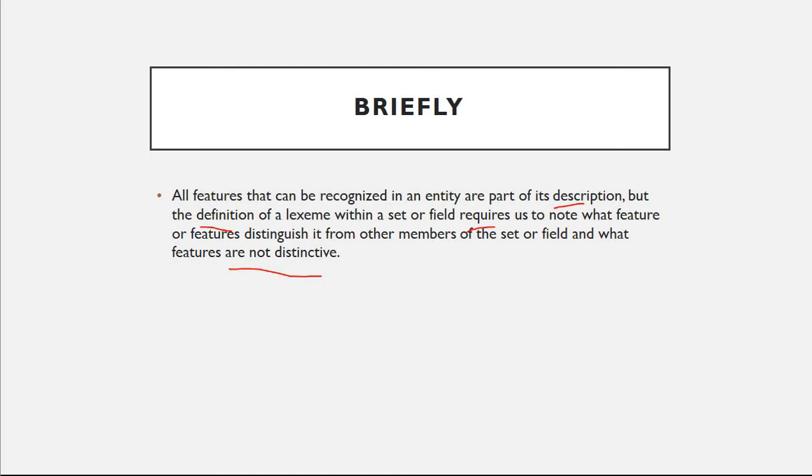The description of a lexeme might include all the features that can be recognized, but if we make the definition of a lexeme, especially within a set or field, it means that we should know its distinctive and non-distinctive features to indicate how it differs from the other members of the set or the field.